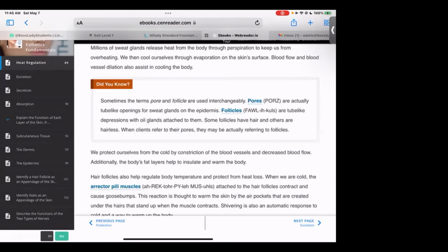They're two very different structures of the skin. Most of the time they're used interchangeably. The client will say, the pores on my forehead are really, really large. That could be a follicle. It could be a pore. Layman's term, pore, follicle. When used interchangeably, just understand the difference between a pore, which is going to be sweat, and a follicle, which is going to be oil.